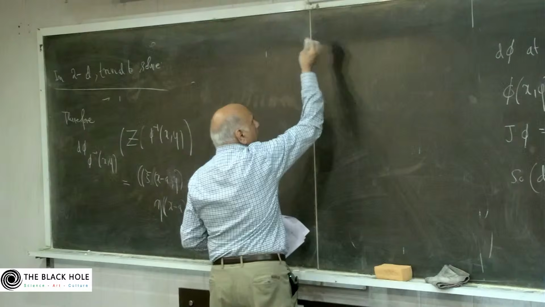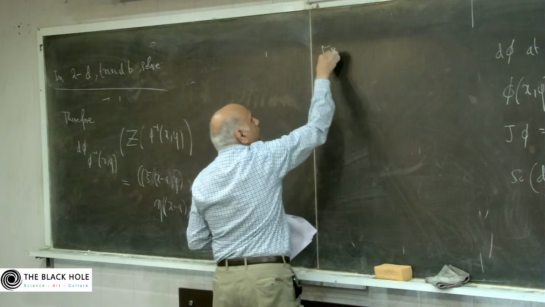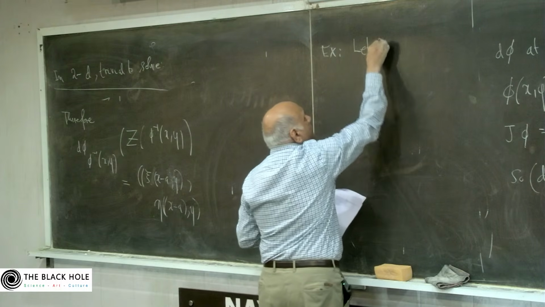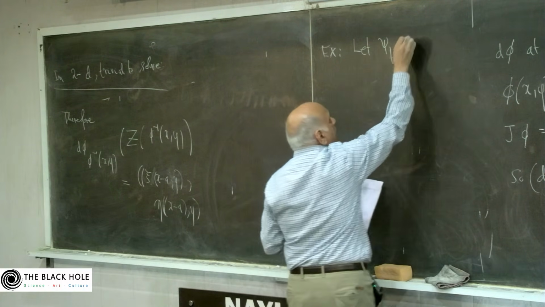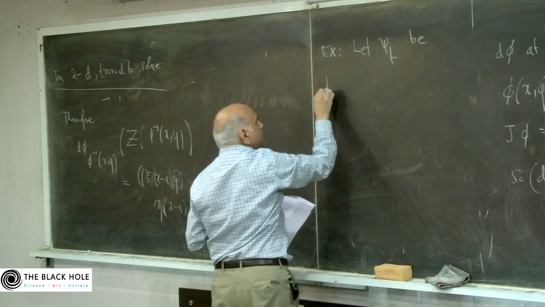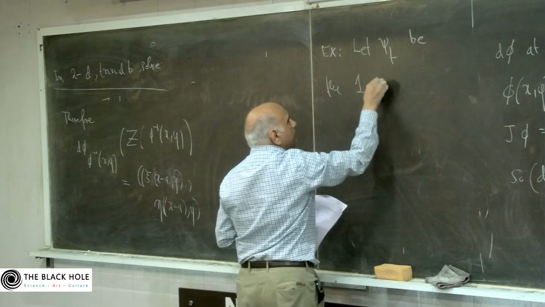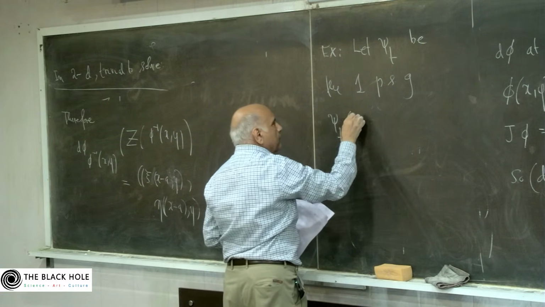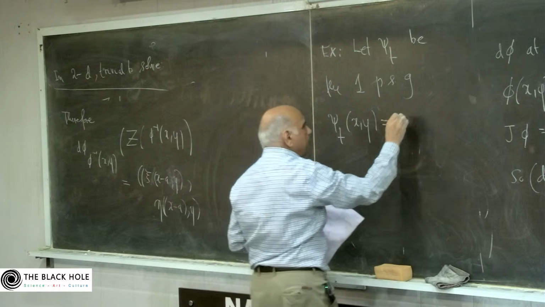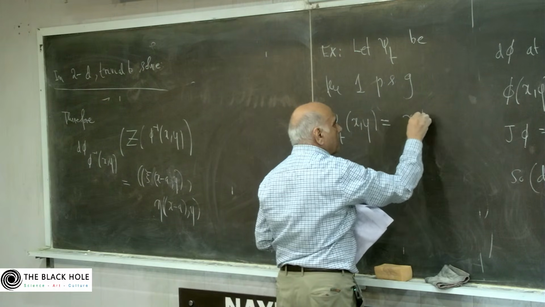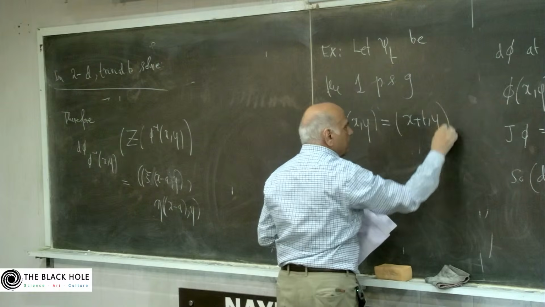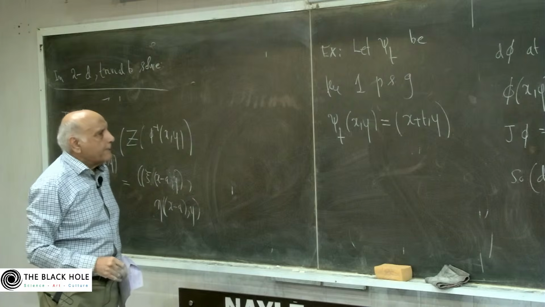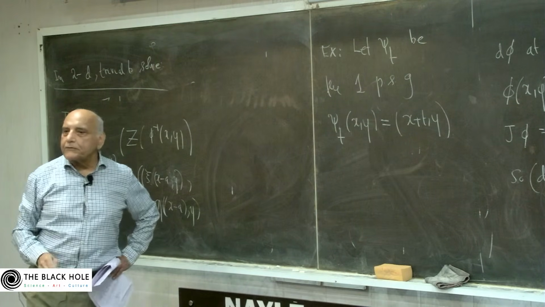Example. Let psi t be the one parameter subgroup, psi t of (x,y) equal to (x plus t, y). So what is the corresponding vector field defined by this?